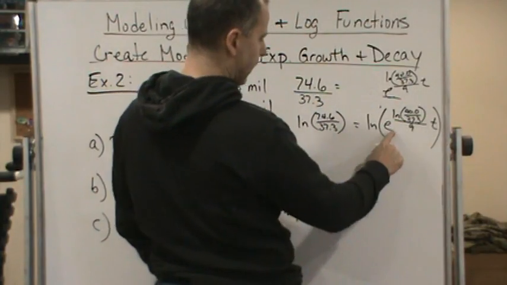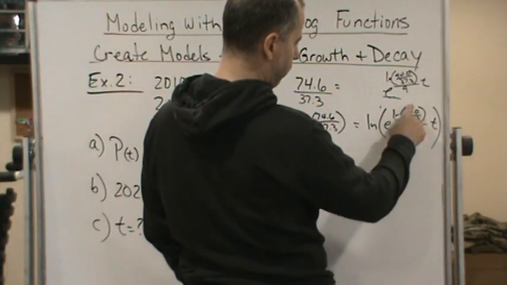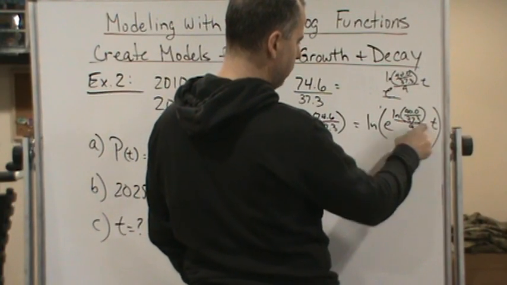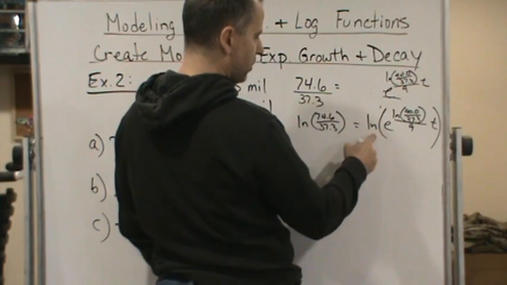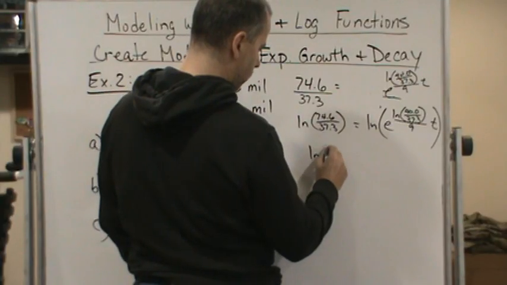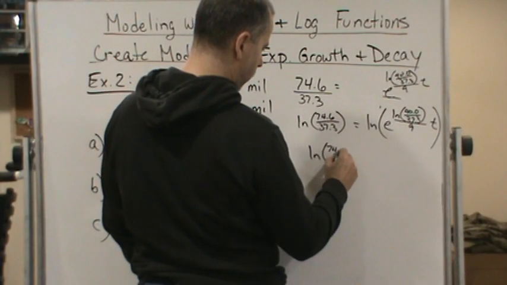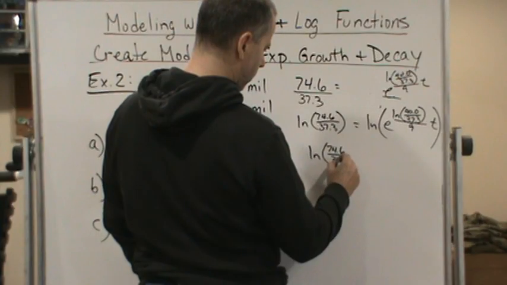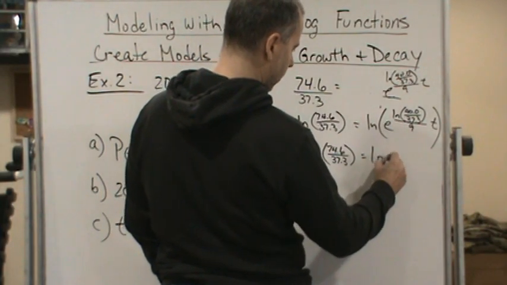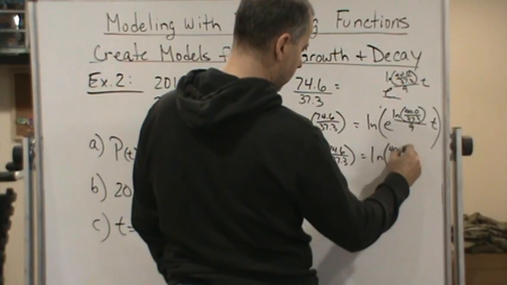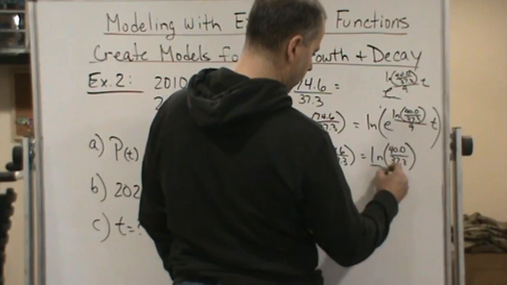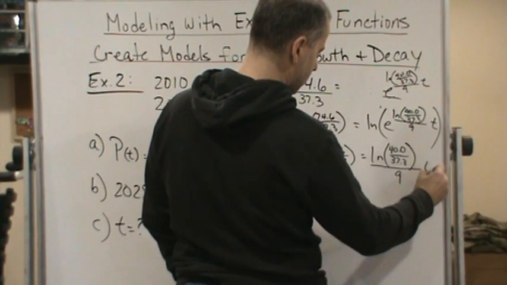What I have here is e to the natural log of 40 divided by 37.3, all divided by 9, times t. The natural log and the exponential cancel each other out, and we get the exponent out. So the natural log of 74.6 over 37.3 is equal to the natural log of 40 divided by 37.3, all divided by 9, times t.